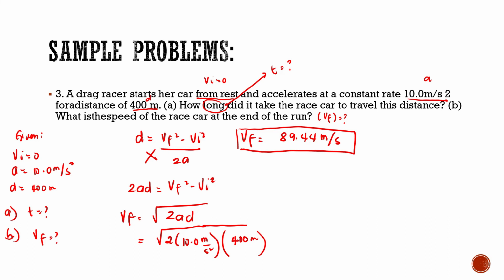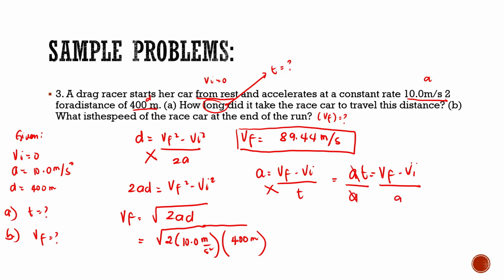For letter A, you can use the formula A is equal to VF minus VI over time. Since we are looking for the time, cross multiply. It becomes AT is equal to final velocity minus initial velocity. As we know, VI is 0, so for the time, divide both sides by A first and cancel it here.